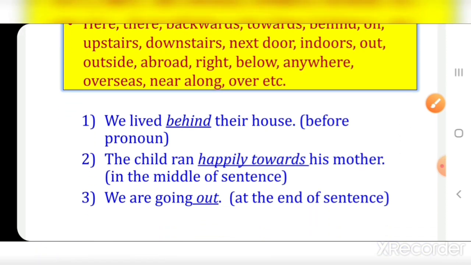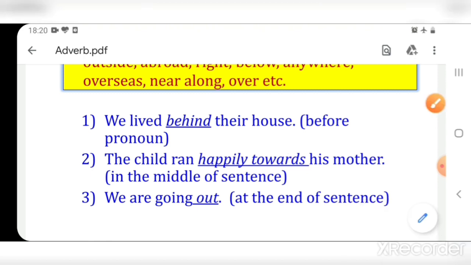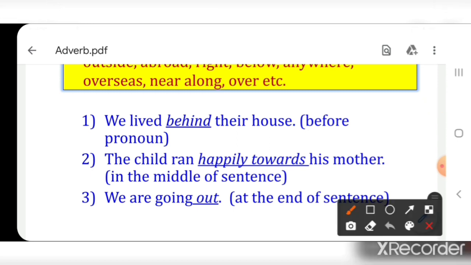Now, first example is: we lived behind their house. Here we have to place it before the pronoun. Second example is: the child ran happily towards his mother. We can use it in the middle of a sentence, a place, before noun or pronoun.